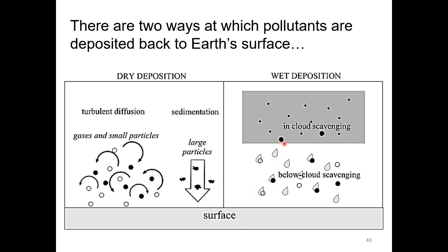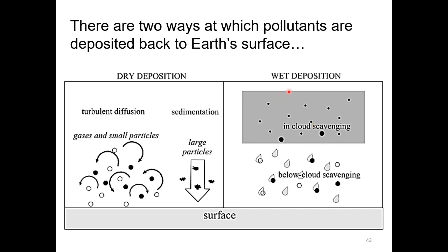Now in wet deposition, the process whereby atmospheric gases mix with suspended water or water vapor in the atmosphere and are then washed out through rain, snow, or fog. So there is in-cloud scavenging and below-cloud scavenging. In-cloud scavenging, scavenging means collect.